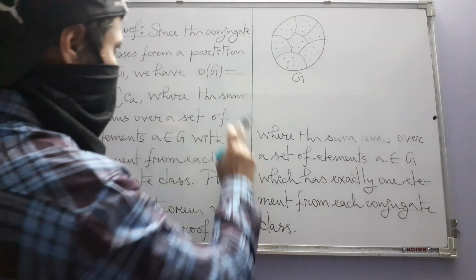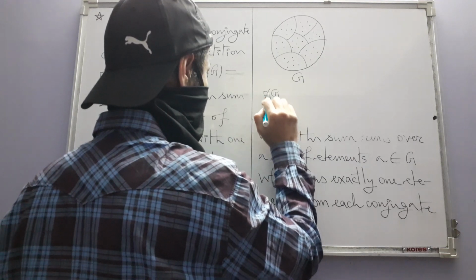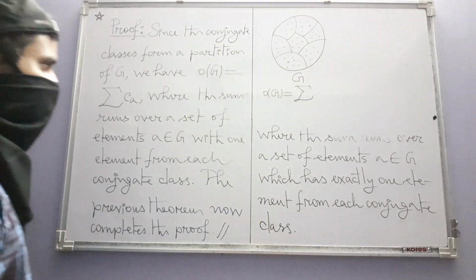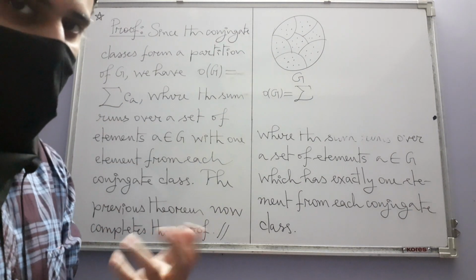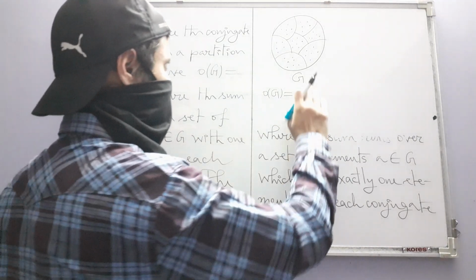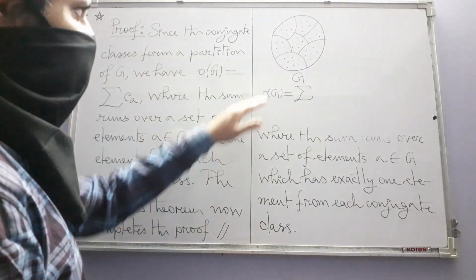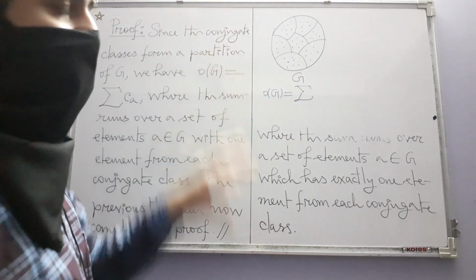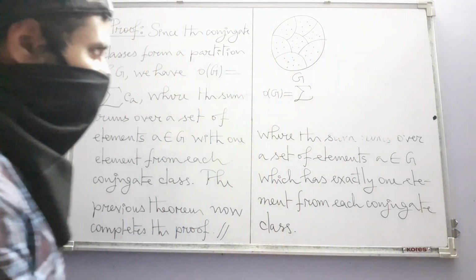So naturally, if we want to calculate the order of G, then we would have to take the sum of the sizes of all the conjugate classes. That's what it will be. Say you have an apartment complex in which there are apartments. In each apartment there are some inhabitants.